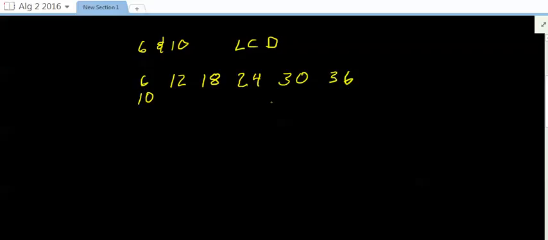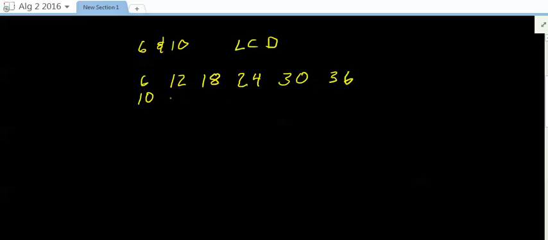We abbreviate it LCD. So I write down 6, I write down 10, and then I multiply 6 by 2, by 3, by 4, by 5, by 6, and so on.